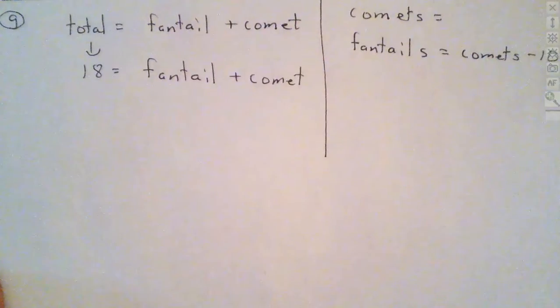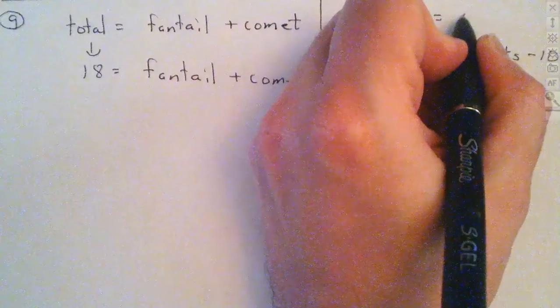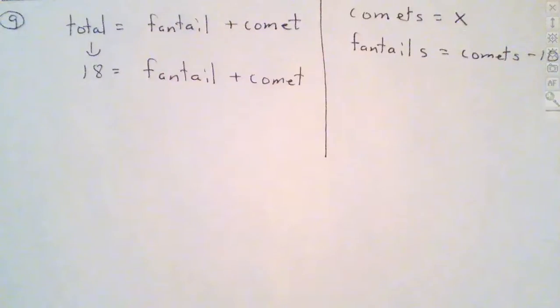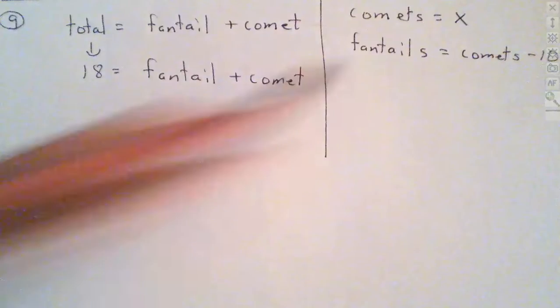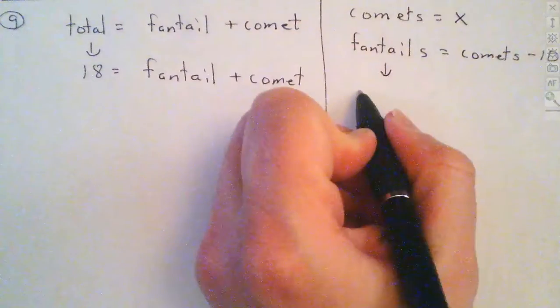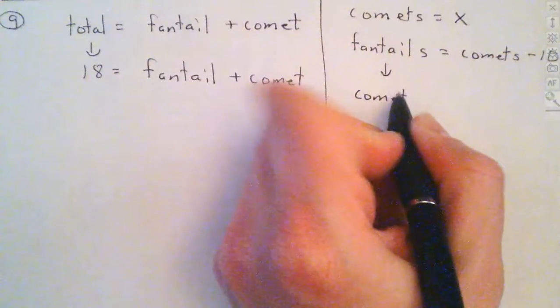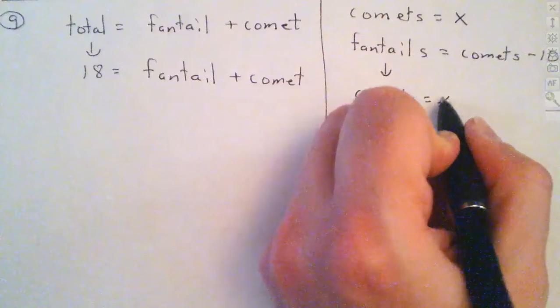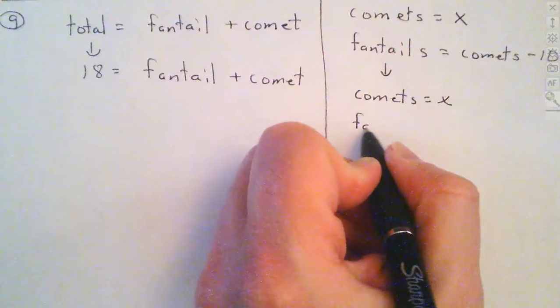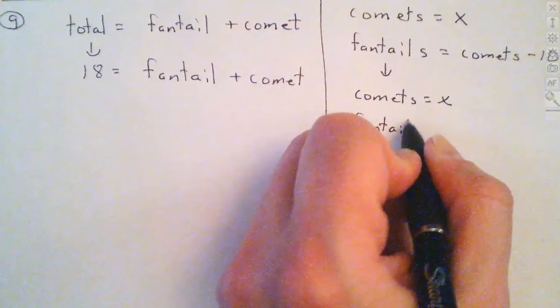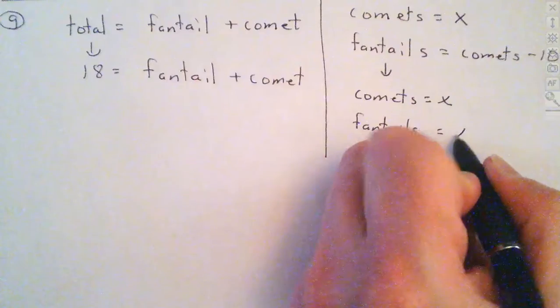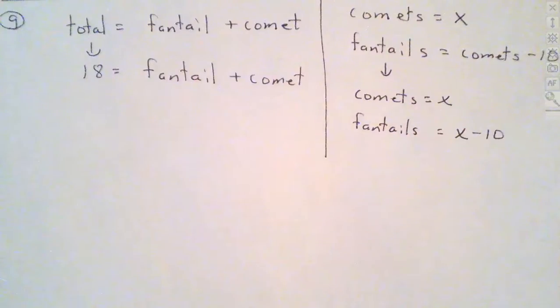Okay, so comets minus 10 is going to be your fantail. And what do we know about the comets? We don't know anything. So we're going to use the variable x. Now we can rewrite this with only the variable x. So our comets are going to be x. Our fantails are going to be x minus 10.